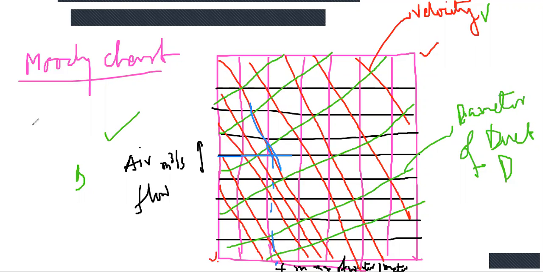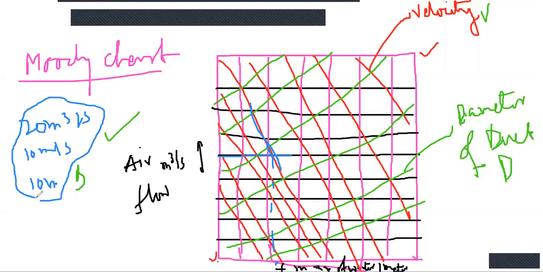Okay. Suppose air flow is 20 meter cube per second, velocity is 10 meter per second and diameter is 10 meter. For this case, what is the value of friction factor? We directly calculate from the Moody curve. Simply mark the 20 meter cube per second line.